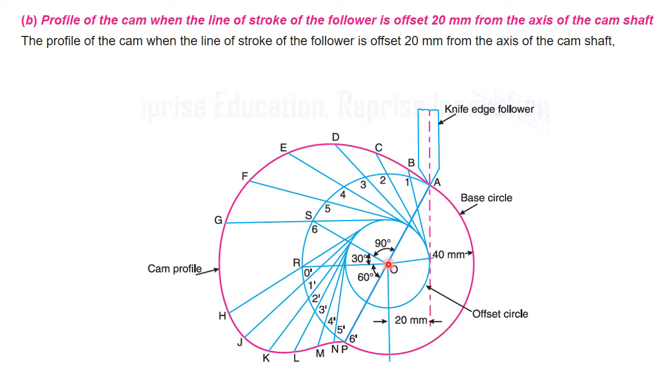Again we draw 60 degrees for the return stroke, and that line passes through the point P, which lies on the base circle.